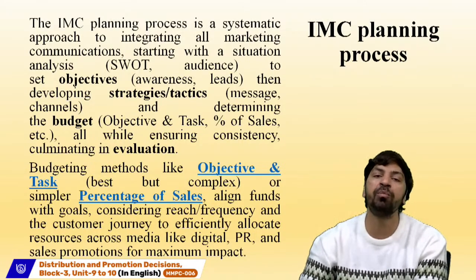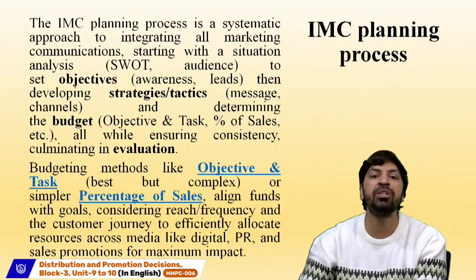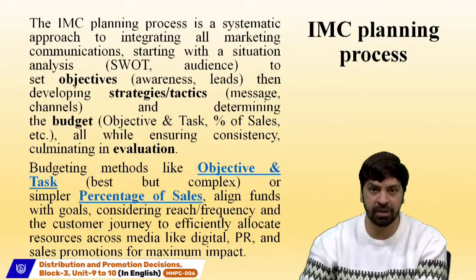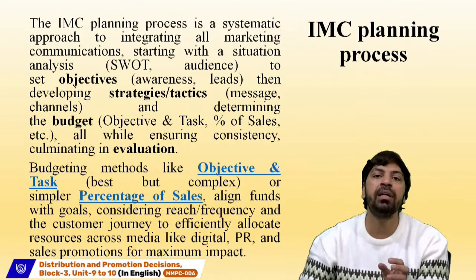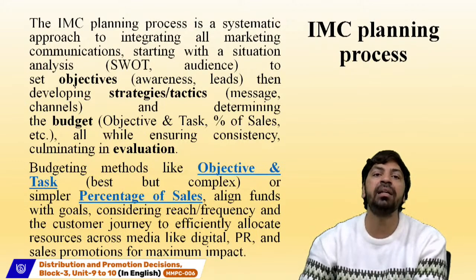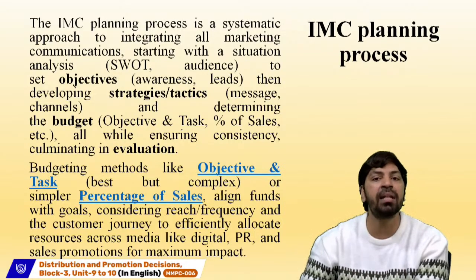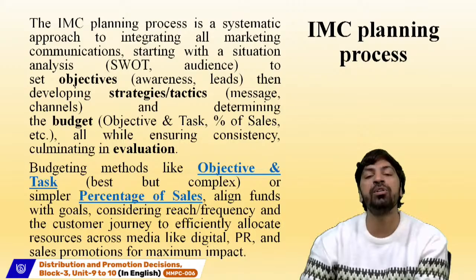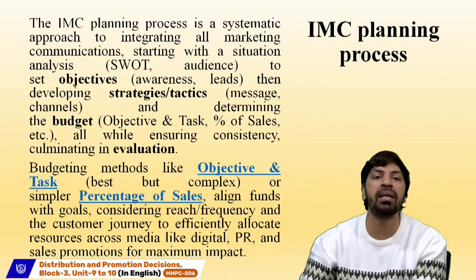And the budget could be based on the objective and task, a percentage of sales method, etc. In this way it will ensure consistency, culminating in the evaluation process. The budgeting method is always one of the top priorities for the organization, that is, how to determine the budget.